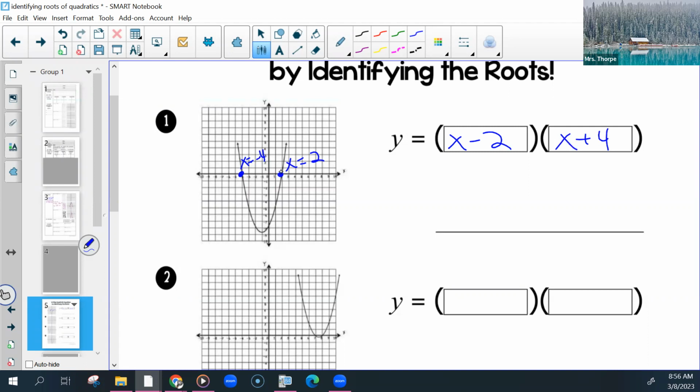Now, this next part is not something we need to do, but it's good practice to make sure that you got the right things. If you wanted to see what this overall equation would be, you could distribute it. So we have x squared plus 4x, minus 2x, minus 8.